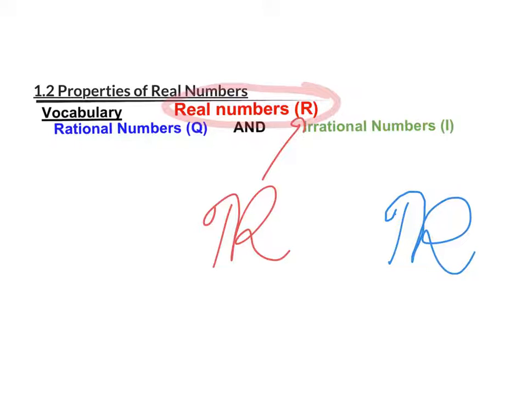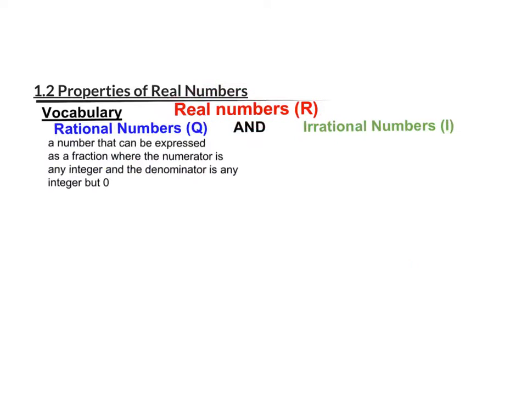On your diagnostic yesterday, I gave you an example of a rational number, and I gave you an example of an irrational number. Okay? Rational numbers are any number that can be expressed as a fraction, where the numerator, the top of the fraction, is an integer.